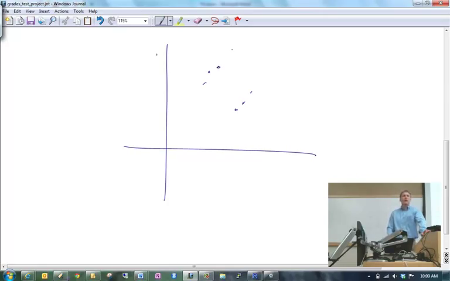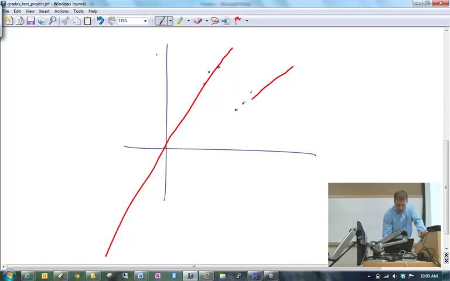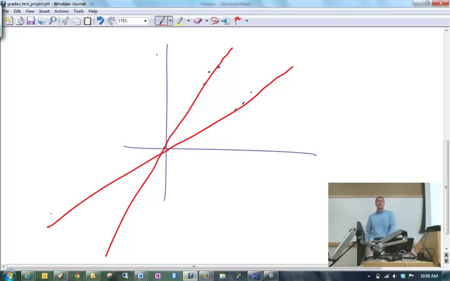Okay? Now, if I do a rotation of my x and y axis, I'm not going to quite be able to get the x and y actual axes to go through all those points. So what an oblique rotation then does is this. Consider a rotation that changes your x and y axes so they're no longer orthogonal. That's what an oblique rotation does.